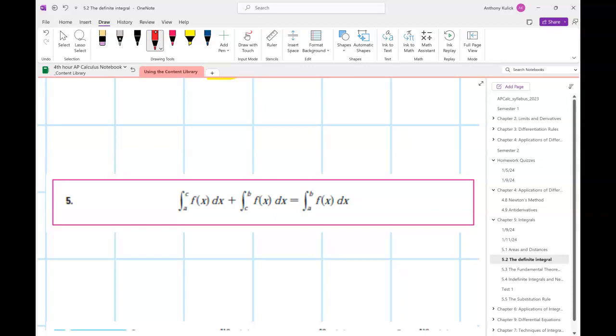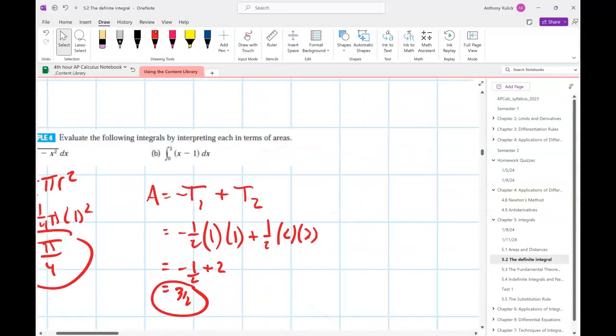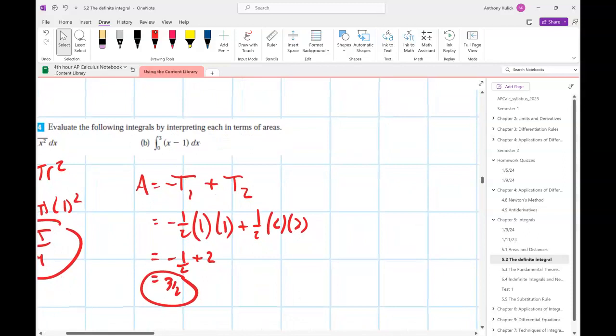All this property is saying is I can break up my integral along its limits of integration. So remember when we did this just a moment ago and we broke that integral problem into 2 triangles? We broke this into the integral from 0 to 1 plus the integral from 1 to 2.